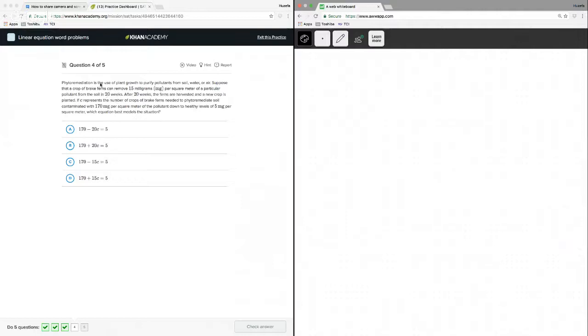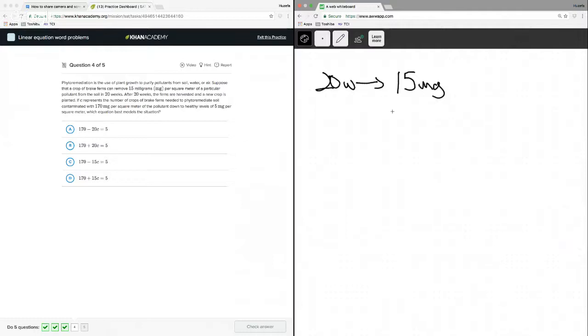Phytoremediation. I don't know if I'm pronouncing that right. Is the use of plant growth to purify pollutants from soil, water, or air. Suppose that a crop of brake ferns can remove 15 milligrams per square meter of a particular pollutant from the soil in 20 weeks. So 20 weeks, 15 milligrams.